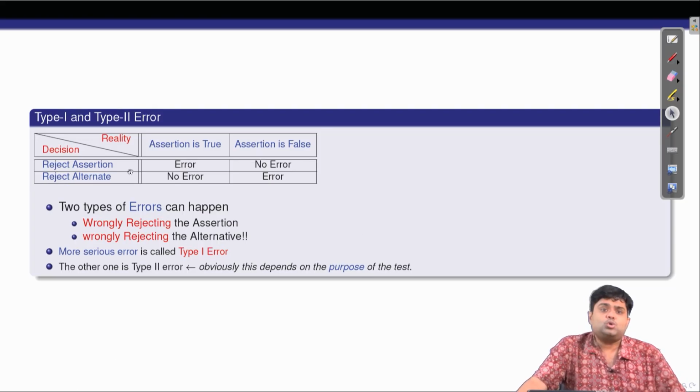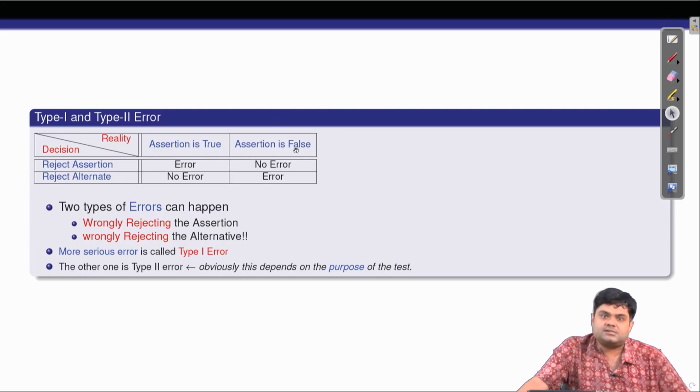So there are two kinds of errors that we were discussing. Suppose the decision is reject the assertion versus reject the alternative, and reality is the assertion is true or the assertion is false. If the assertion is true and you reject the assertion, you get a particular type of error, which is wrongly rejecting the assertion. If the assertion is false and you reject the assertion, you get no error.